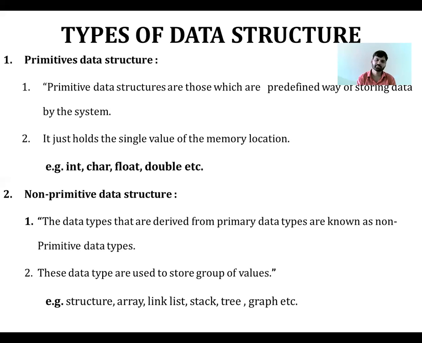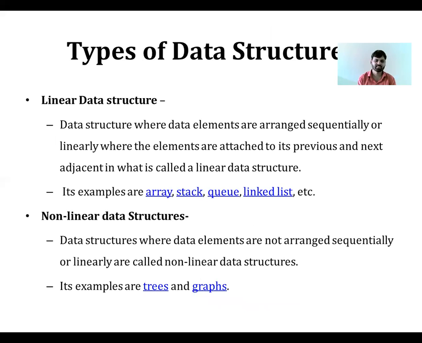Next, linear and non-linear data structures. I have also explained both definitions to you. Data structures where data elements are arranged sequentially or linearly, where the elements are attached to their previous and next adjacent elements, are called linear data structures.